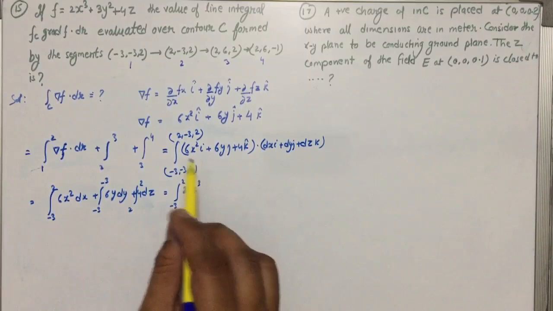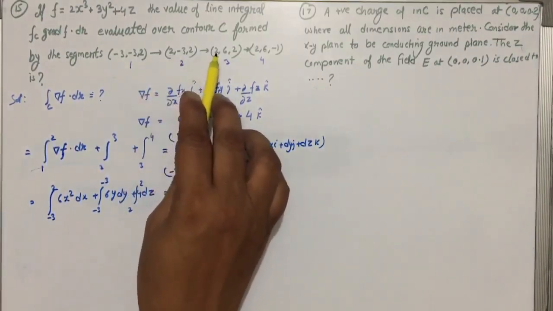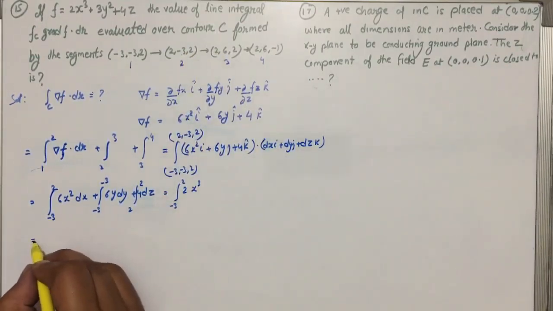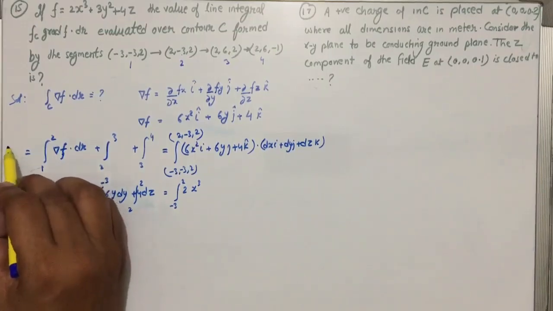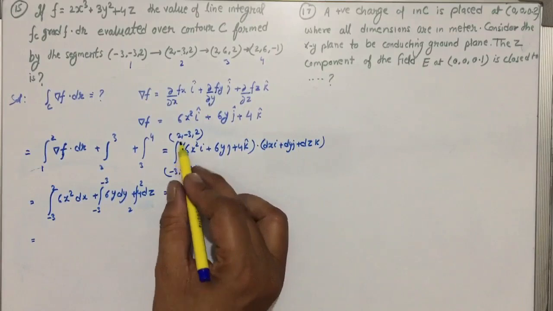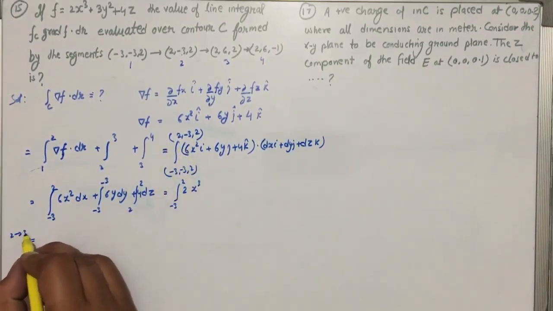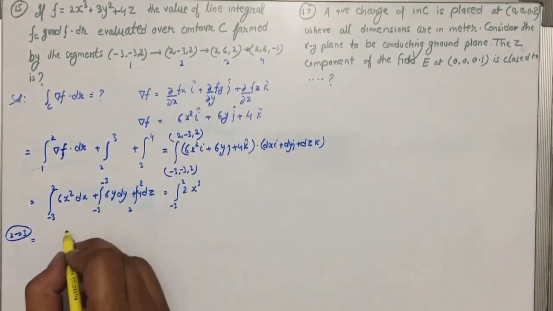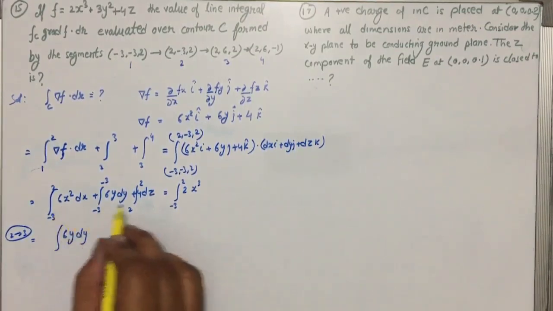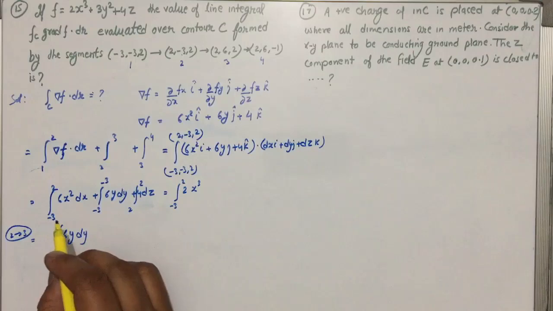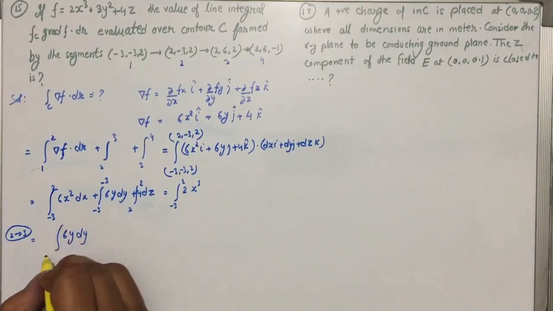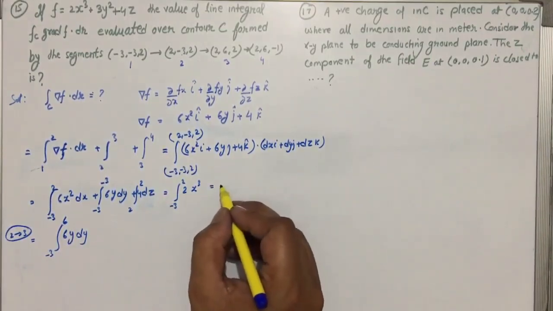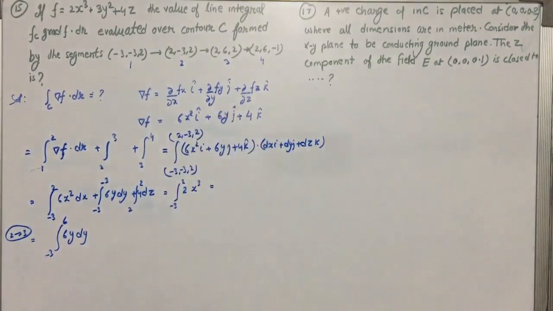Now for the next portion, x remains the same, only y changes. From 2 to 3 only y changes, so we have 6y dy, and the other terms are 0. So y changes from minus 3 to 6, and we can keep it without solving at this stage.